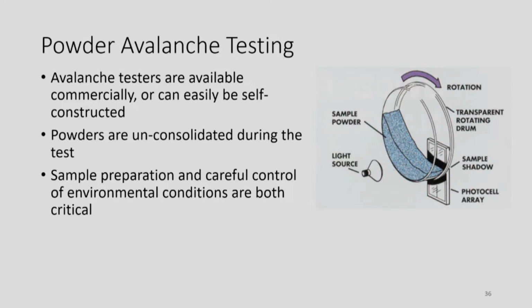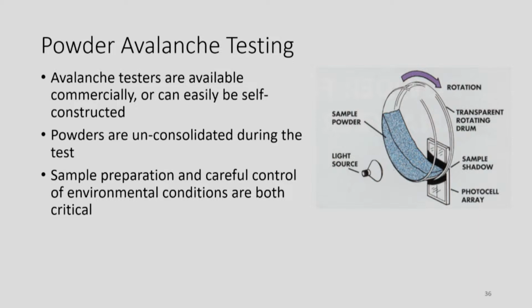Avalanche testing is very common. It is very similar to getting the dynamic angle of repose, almost the same setup. If you wanted to test, you can build a small piece of equipment in your lab. The only requirement is that it be made of plexiglass or glass.